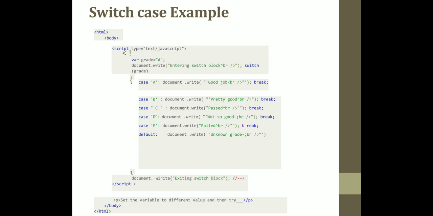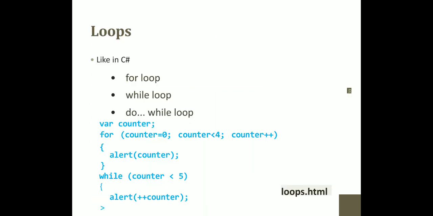After getting through the switch case, it will execute and then exit from the switch case. So for that we have passed the message exiting switch block, and the paragraph sets the variable to different values and then tries a general message. So that was the simple example.